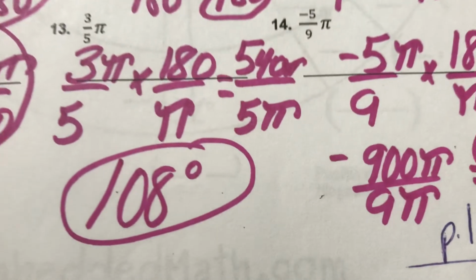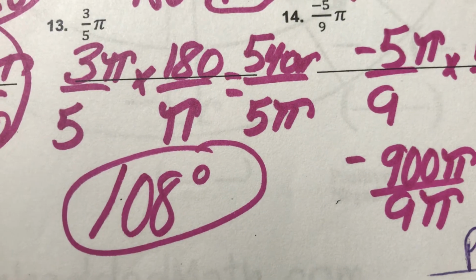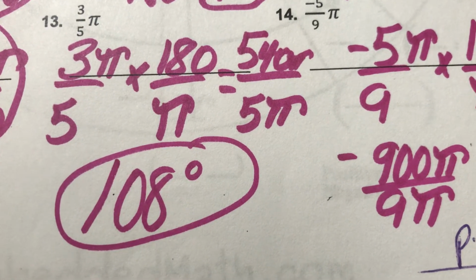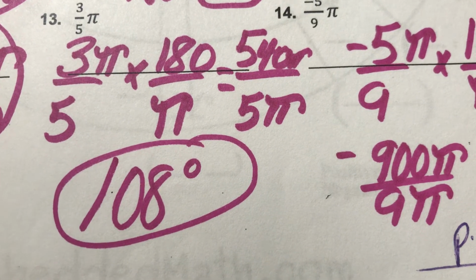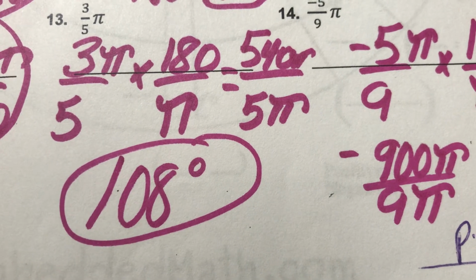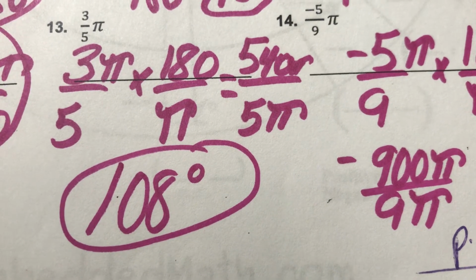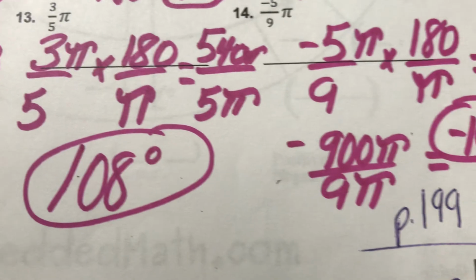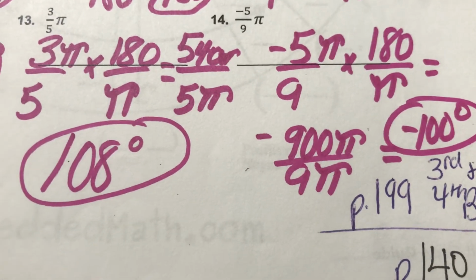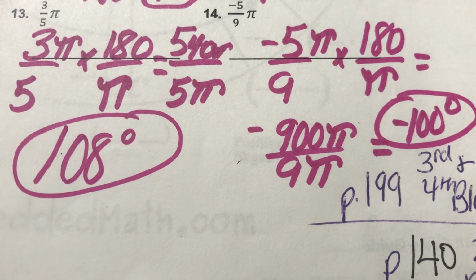And to finish that page, number 13, radians to degrees, multiply by 180 over pi. So number 13 is 108 degrees.